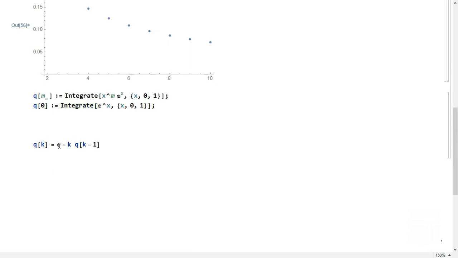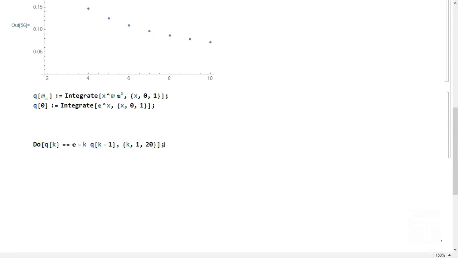And we have written this thing already, so let's type a Do expression, or Do loop. We start from k equals 1 and go up to k equals 20.